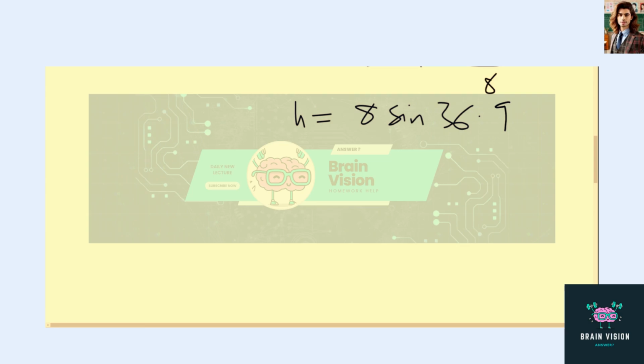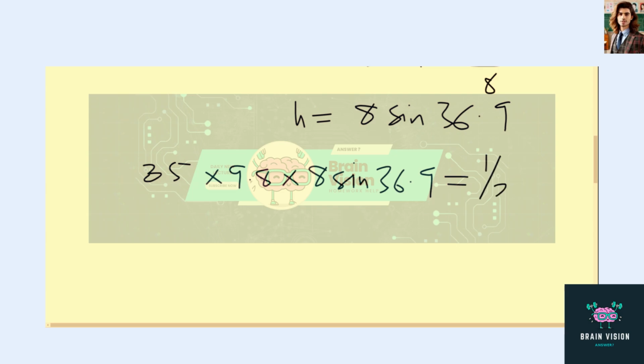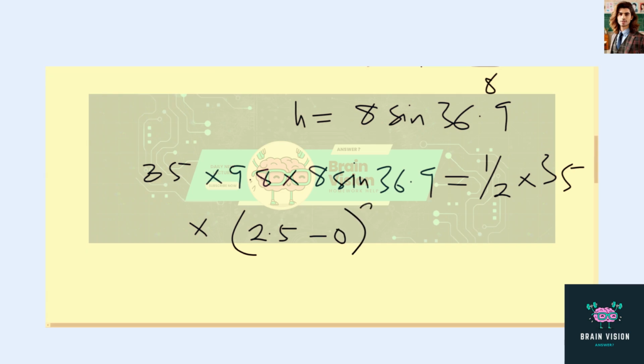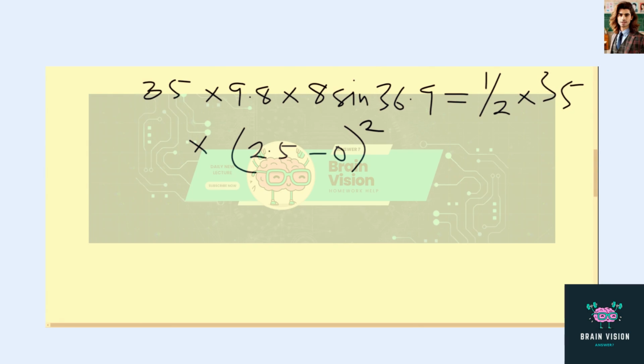So going back to our equation, we have the mass of the crate, 35 kilograms, multiplied by gravity 9.8 times the height, which is 8 sine 36.9, which is equal to the kinetic energy, half times the mass of the crate 35 times, in bracket, the final velocity of the crate 2.5 and the initial 0 because it started from rest, and all this squared. Sorry, I forgot one thing, plus the work done by friction.